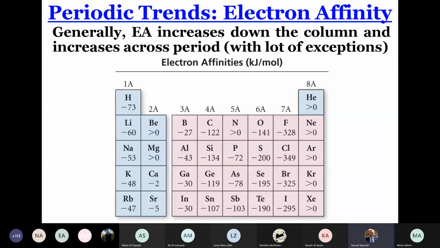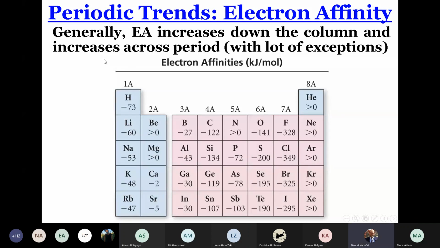But as studied before, p3 is a very stable orbital, so the electron added to nitrogen could not occupy the p3 due to the stability of this orbital, since it's half-filled. In this case, the electron will pass to a higher level, so the electron affinity of nitrogen will be positive. So this is an example of the exceptions.